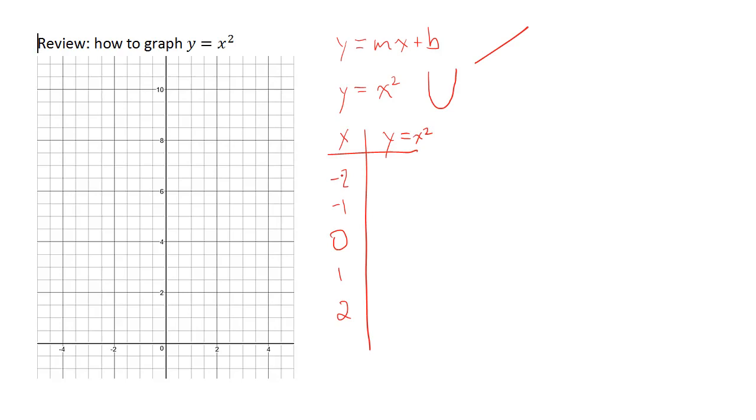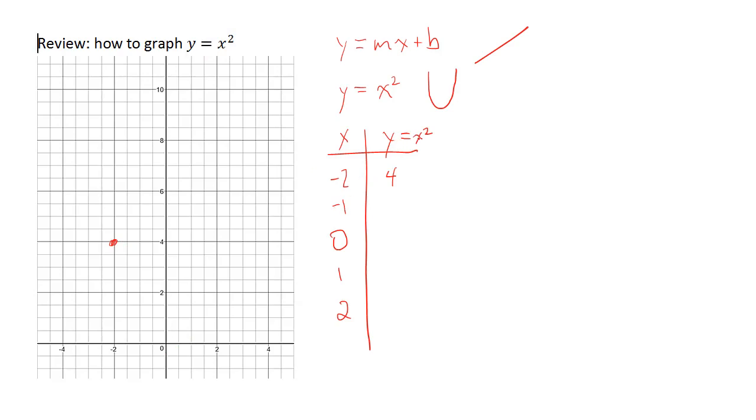So (-2)² is -2 times -2, which is +4. So this is the first dot that we can put on our grid that is part of this parabola. So (-2, 4), we know that this point right here is on the parabola.